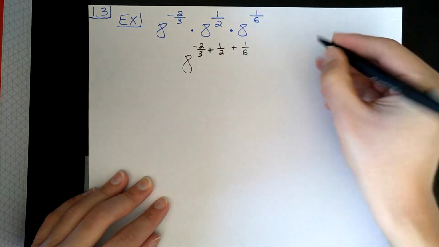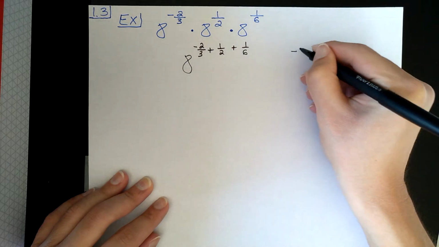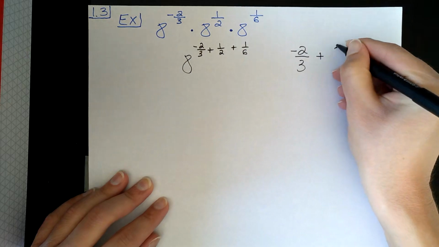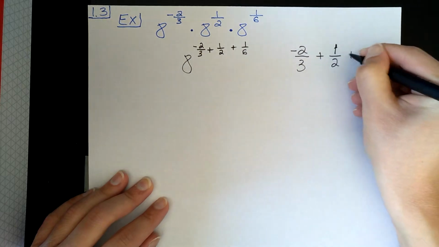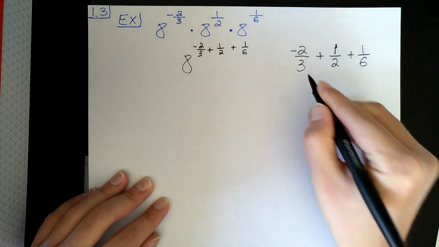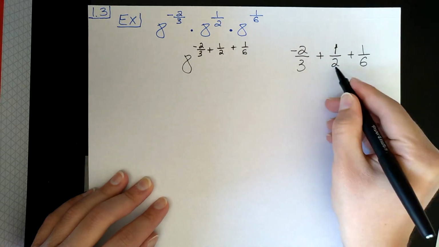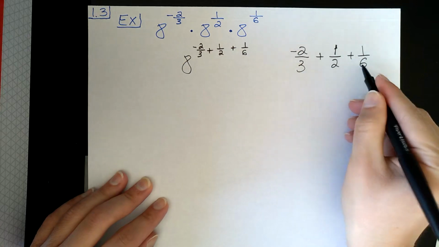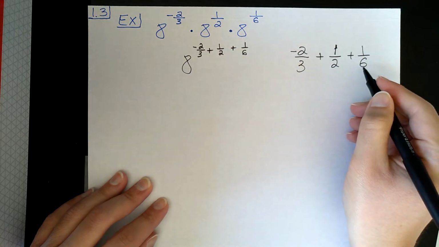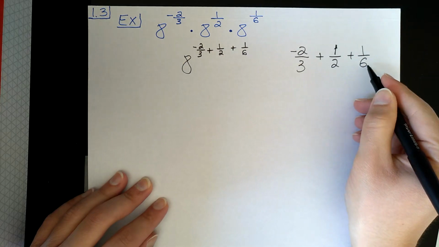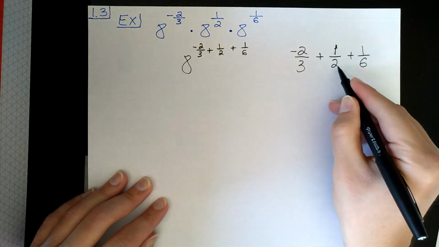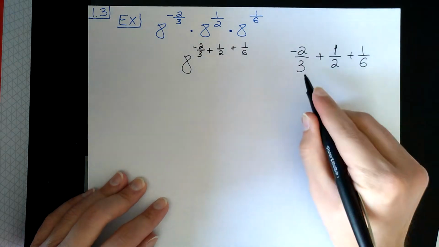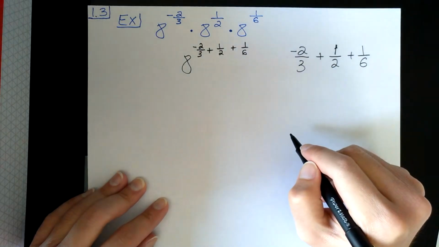So I'm going to do this off to the side just to make it a little clearer, as I know that's a bit small. The least common denominator between 3, 2, and 6, meaning the smallest number that all three of these can divide into evenly, would be 6. 6 is divisible by 3, by 2, and 6, and it's the smallest number that's divisible by all three of them.